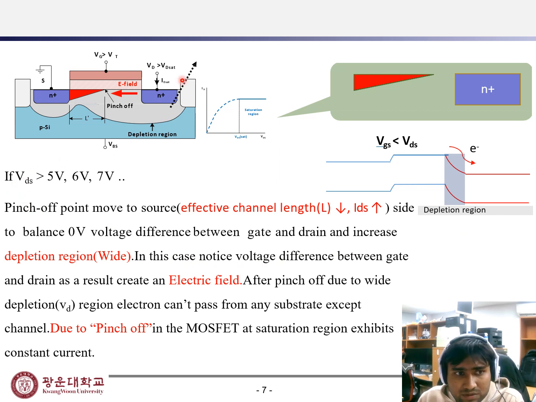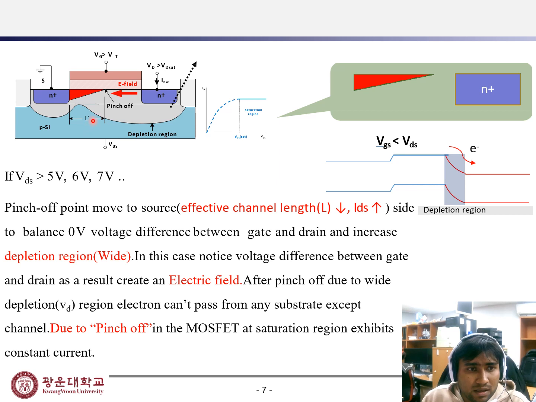If the VDS voltage is greater than the VGS voltage, then it creates an electric field, and if the VDS is much greater than VGS, then there is a large electric field, and the depletion layer between the p silicon substrate and the drain is large.